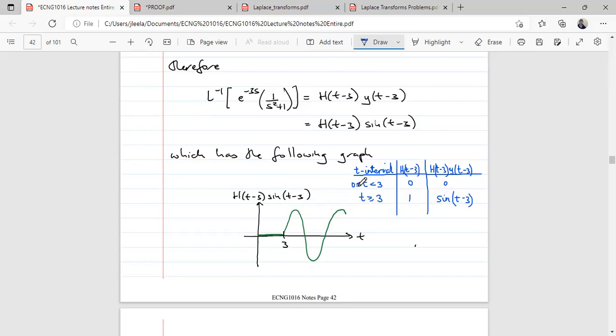So here we have the interval t between 0 and 3. The Heaviside is defined to be 0. And anything greater than or equal to 3, the Heaviside is 1, right?